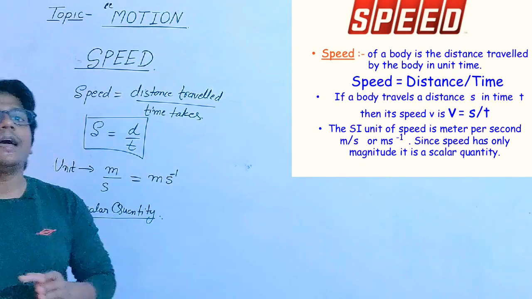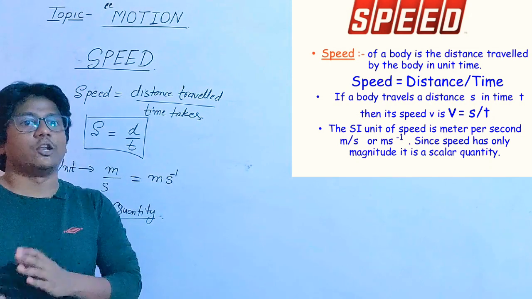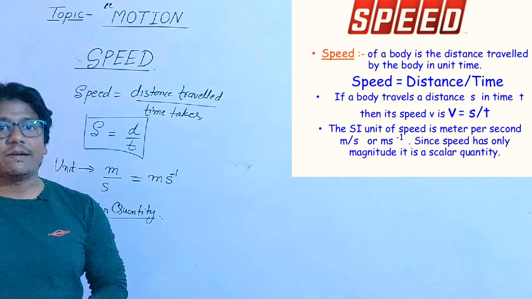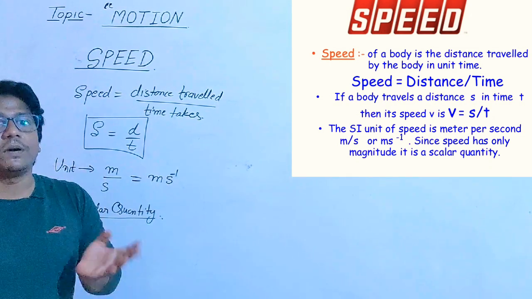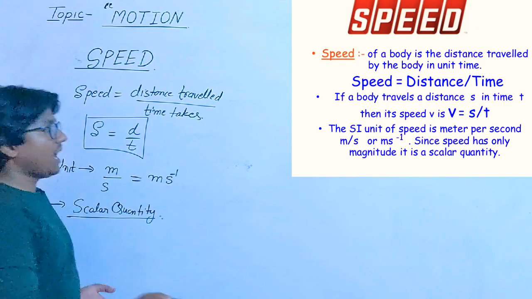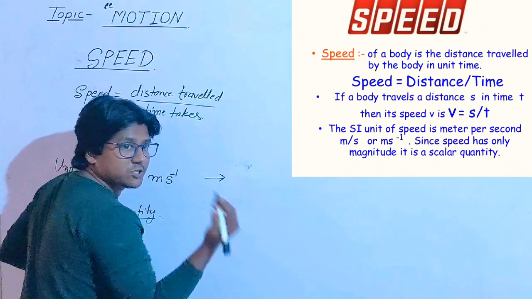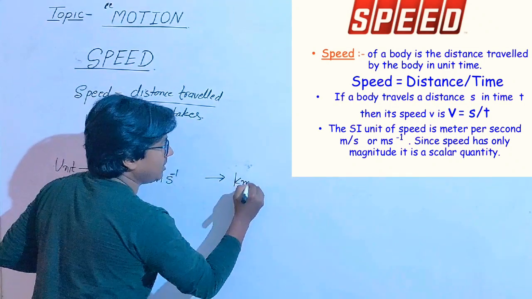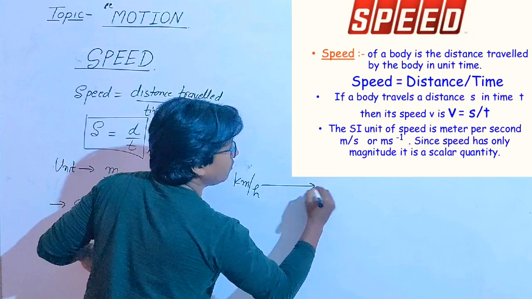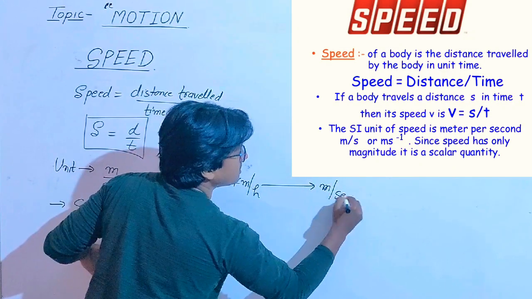Several times we have to calculate the speed in kilometer per hour, or sometimes in meter per second. For the easiness, I am giving an equation for converting speed from kilometer per hour to meter per second.